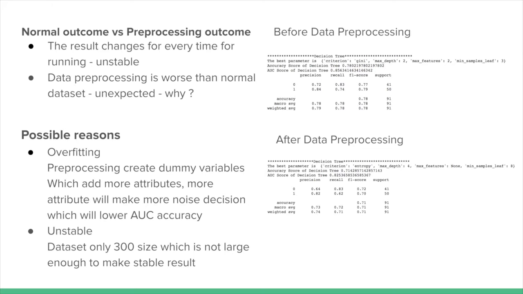It will increase the depth and height of the tree, and it lowers the AUC accuracy. For the instability, I think the data set has only 300 samples. This is not large enough to make a stable result for the decision tree.